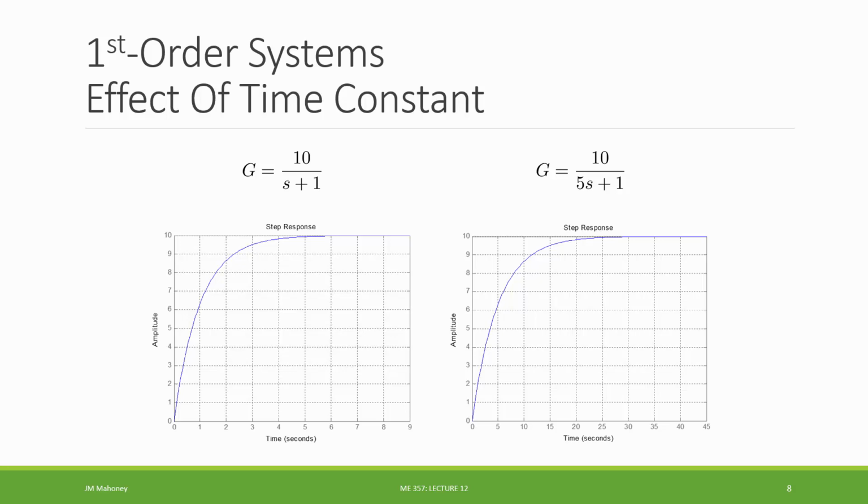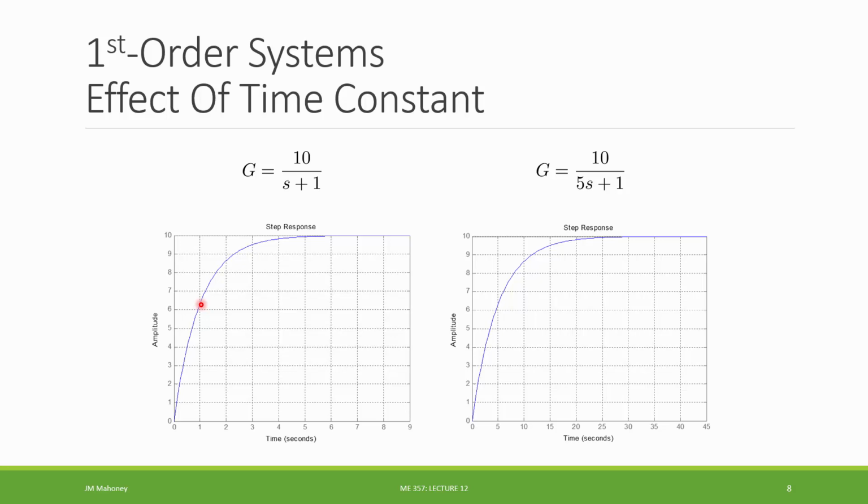On the left-hand system, let's see the difference. So again, we have that time constant of 1 second. And if we come up here and look at what the value of the graph is, it's about 6.3 or so, or 63% of 10. So after 1 second, the first system has an amplitude of about 6.3.